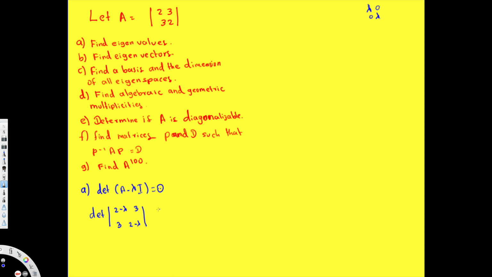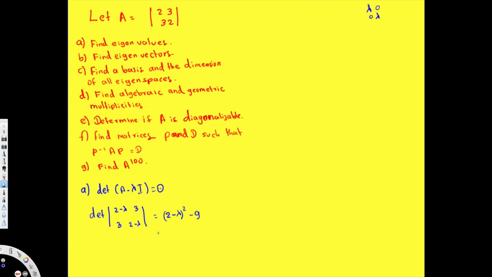Now we have to calculate this determinant. To calculate this, we use AD minus BC. AD is simply the multiplication of these two, so it's (2 minus lambda) squared, and BC is simply this multiplication, so it's minus 9.